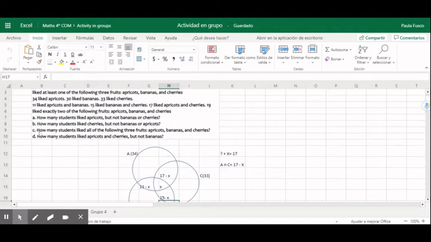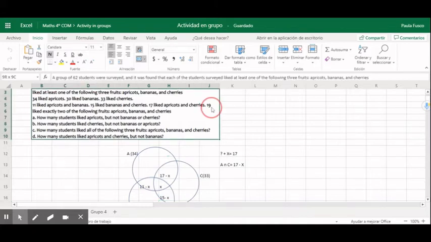Well, the other information that we are going to take into account is this 19. Here it says that 19 liked exactly 2 of the following fruits: apricots, bananas, and cherries.